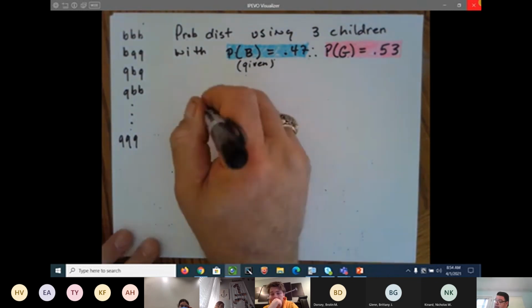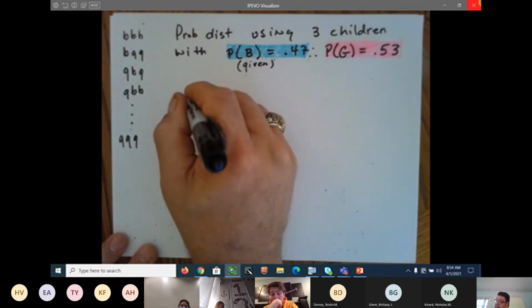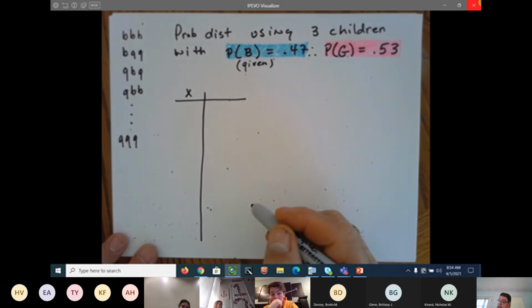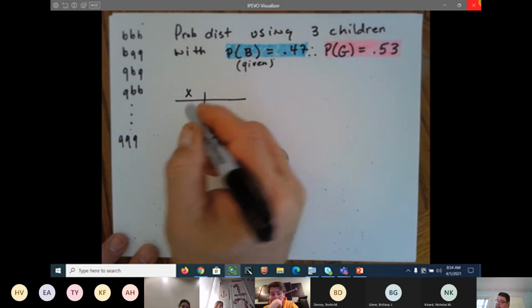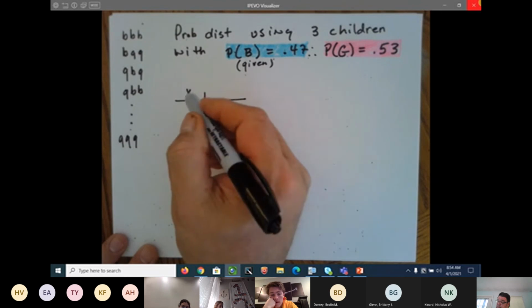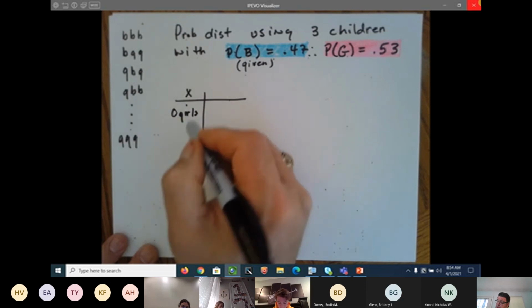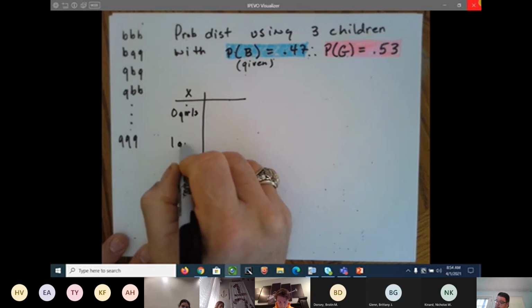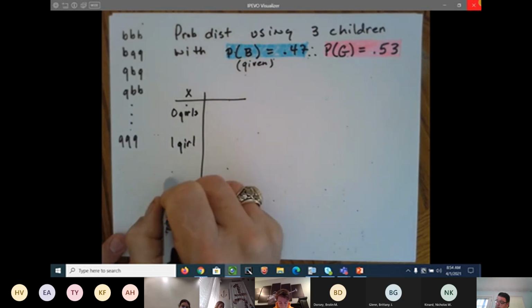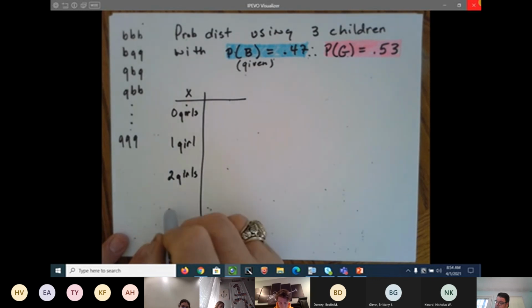So I'm going to write down X event, and X event is, I can start with boy, boy, boy, which means 0 girls, 1 girl, 2 girls, and 3 girls.